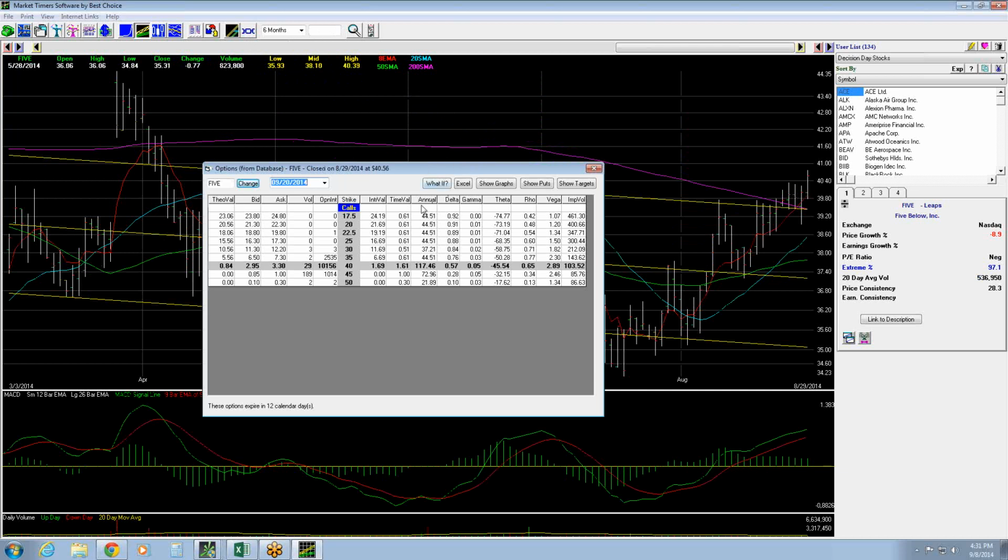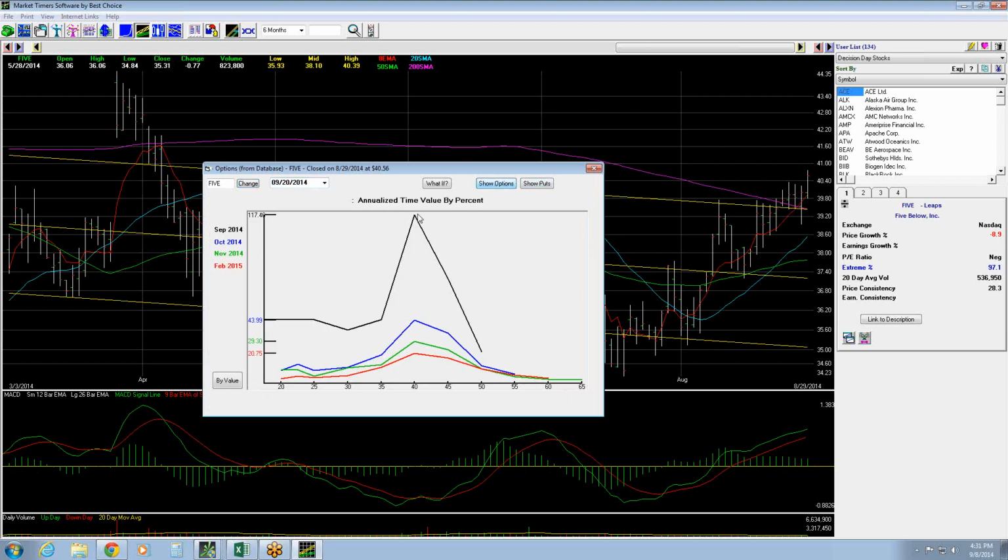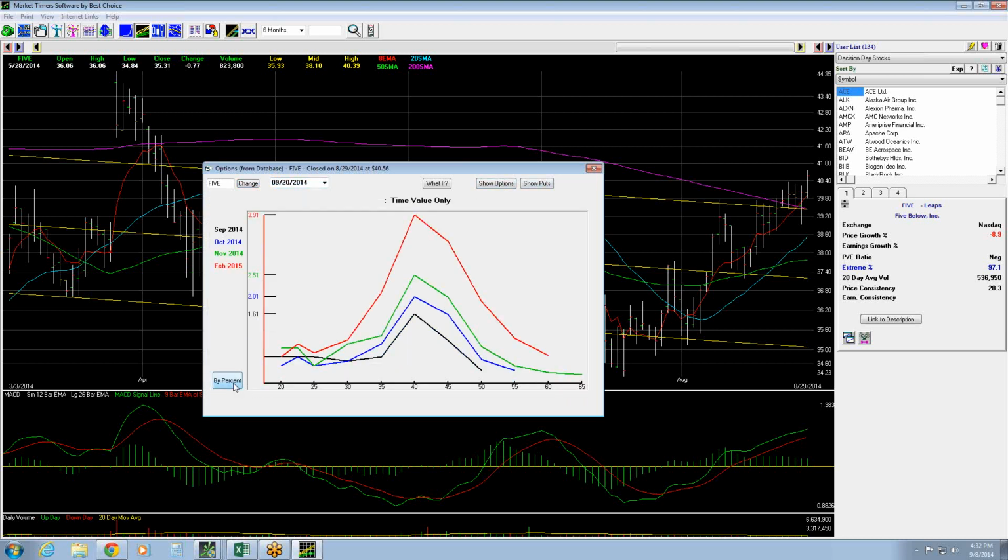So not only do you have the what if, you also have the show targets and puts, which I'm not going to get into now, but if people are interested in looking at these other things, just email me and I'll do a 5-10 minute session on how to use them. This also shows the graph, which is good, and you do it by value. You can see where the volatility is. This is front month, and these are the different corresponding months, and then going into next year.